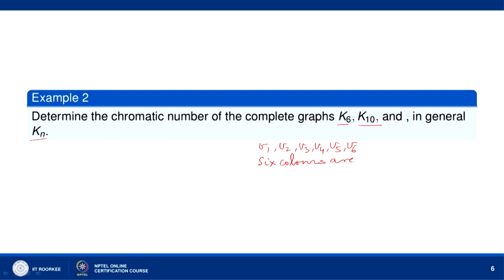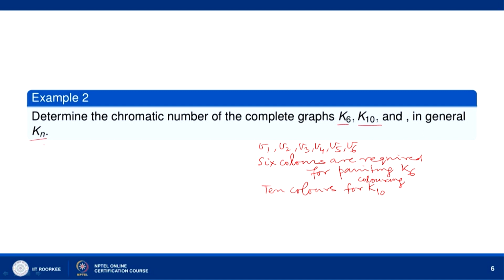6 colors are required for painting K6. And similarly, in the case of K10, 10 colors will be required, 10 colors for coloring K10.